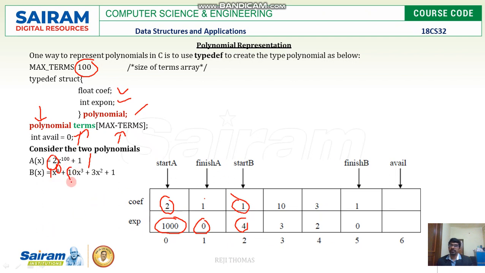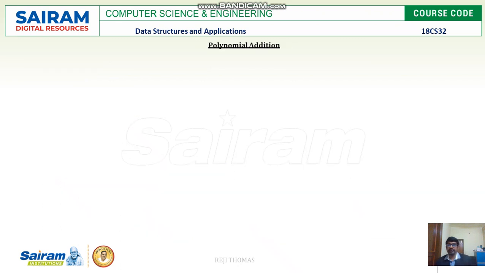For the next one, the coefficient is 10 and the exponent is 3, then 3 with the exponent part 0, and for the last term, 1 is the coefficient and the exponent is going to be 0. So I've done it. After that, I'll have a variable which gives you the available address of the next free term. So this is the way we represent the polynomial.